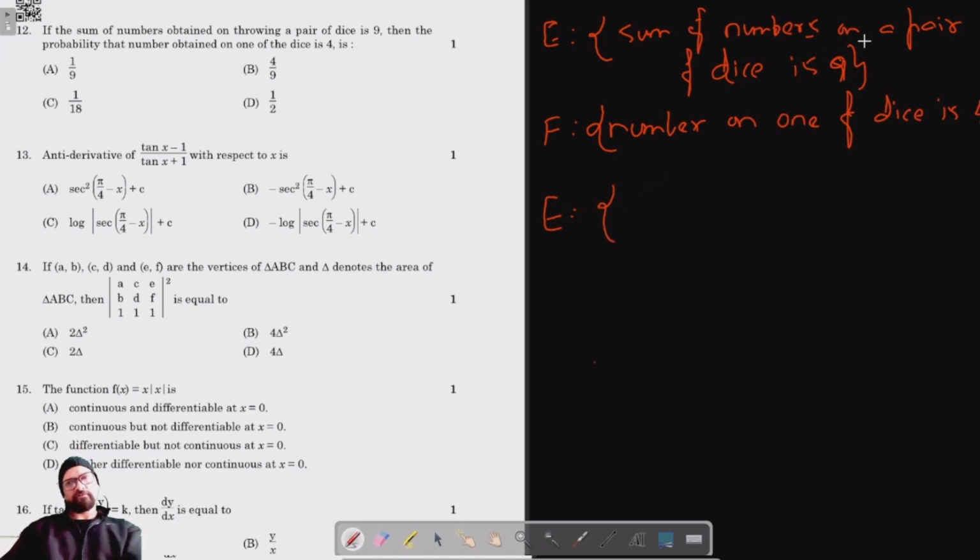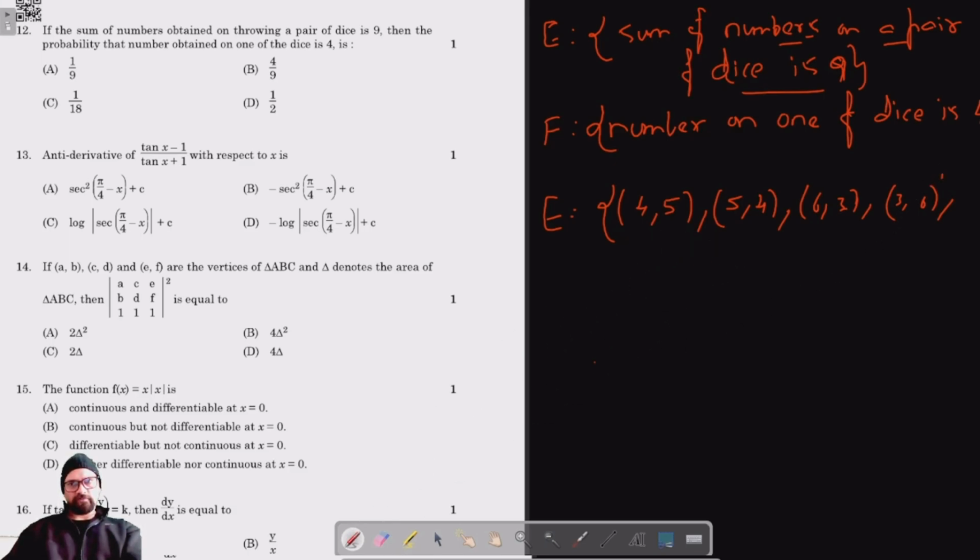Now what are the possible elements for which the sum of numbers on a pair of dice is 9? It's either 4, 5, or 5, 4, or 6, 3, or 3, 6. So we don't have 7.